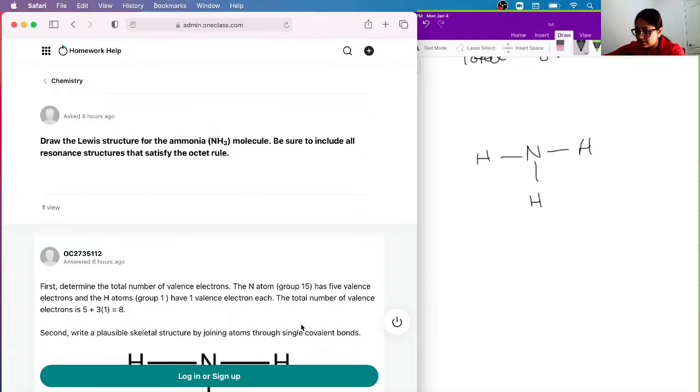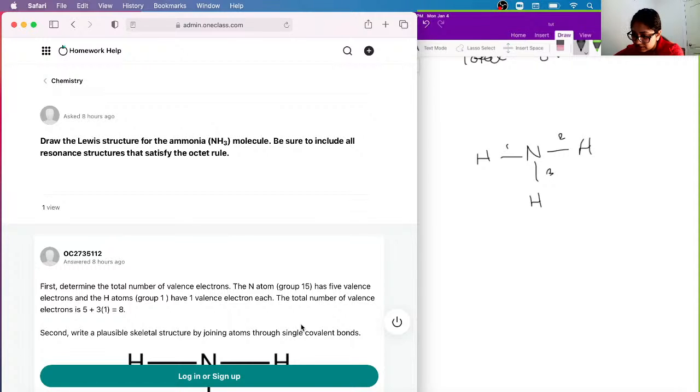This is because there are 3 hydrogens, and the one that has the most atoms would likely be branched off the central atom, and also because nitrogen is more electronegative than hydrogen. And so third, we subtract 2 electrons for each bond in the skeletal structure. So the 3 bonds in this, right?